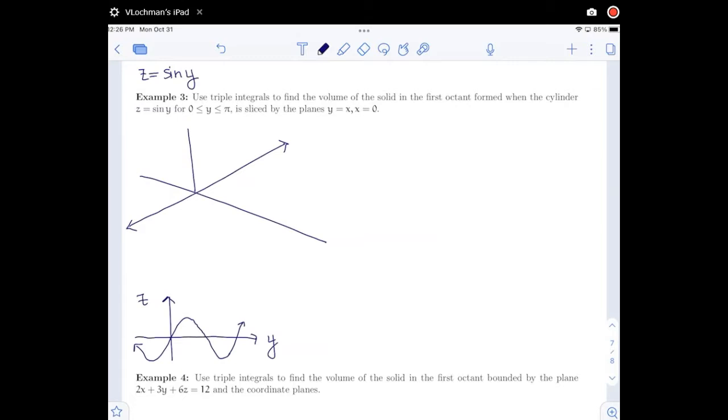Now you can imagine x is going in this direction. This is our x, and x is going to take every value. So it's a sheet, right? You imagine this infinite sheet that takes this wave form along the y-axis, but it's infinite in the x direction, in both directions.